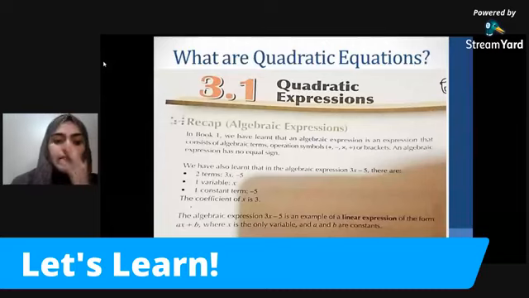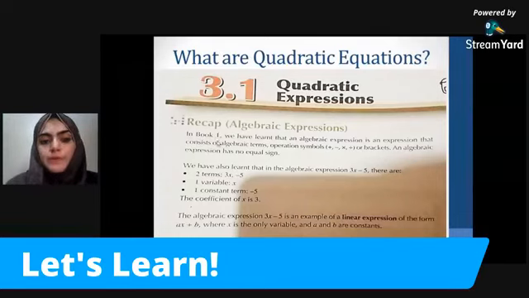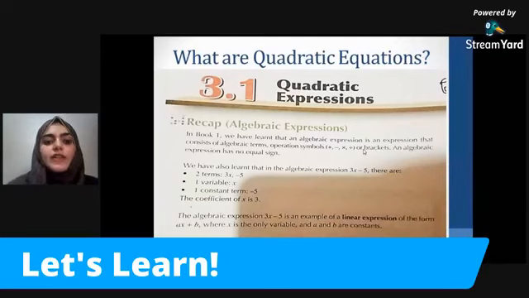Here, first of all, we all know what algebraic expressions are. Algebraic expressions are made up of algebraic terms which are connected to one another through operation symbols like plus, minus, multiplication, division, or brackets. When we combine terms with operations, we get an algebraic expression.